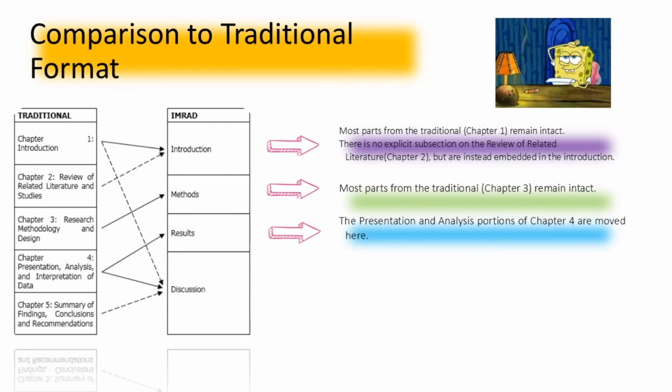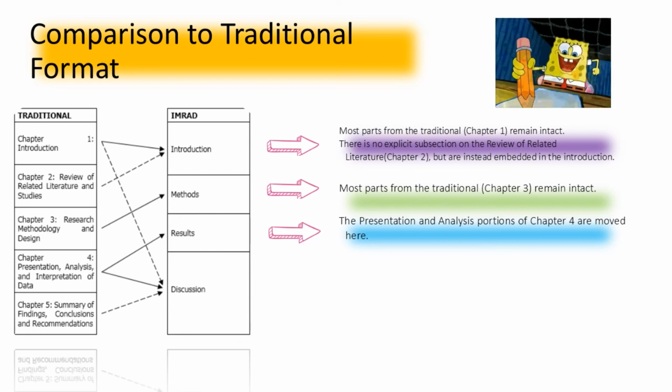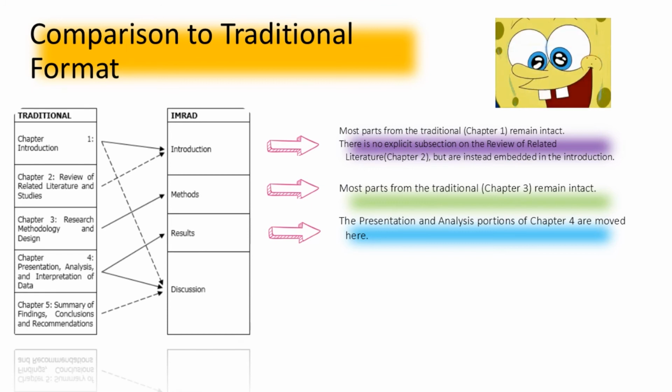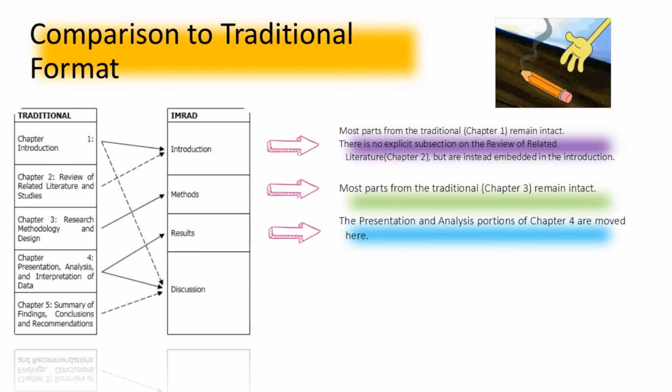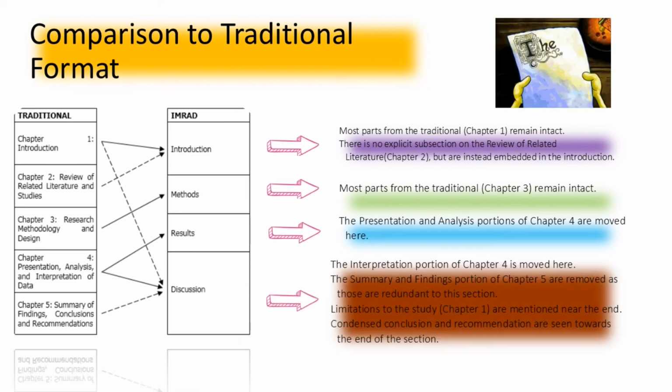The presentation and analysis portions of chapter 4 are moved here. As you can see, in chapter 4 in your traditional format, we have presentation, analysis, and interpretation of data. But in our results, we only put two, which are the analysis and the presentation of data. Now, how about the interpretation?